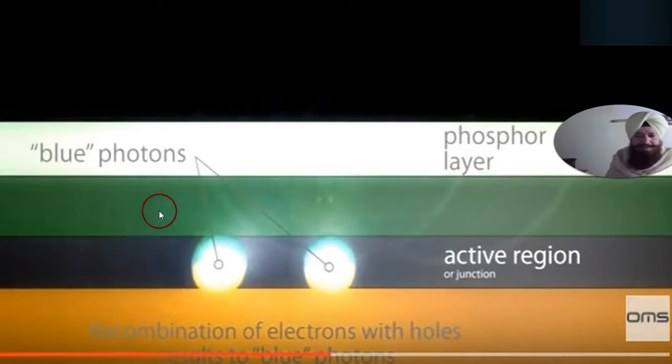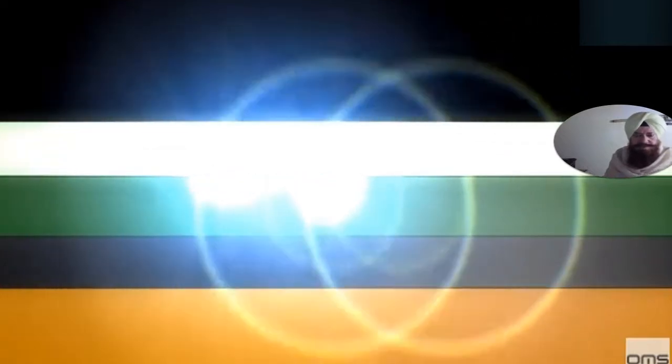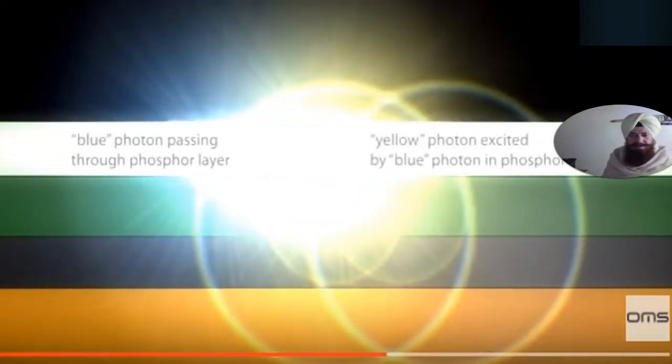Our semiconductor is such that when the electrons and holes neutralize, blue photons are emitted. When the blue photons pass through the phosphor layer, yellow photons are excited by the blue photons.